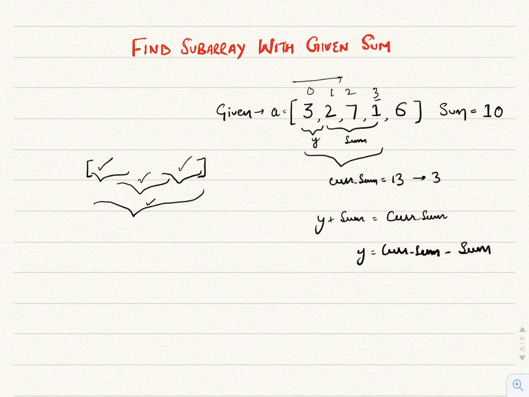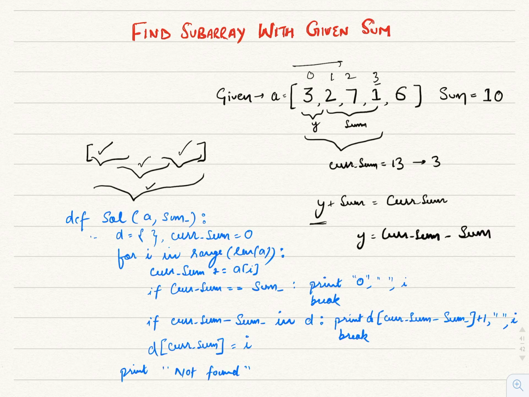Next, let's see how to achieve that in terms of code. So here's the code. I've initialized the dictionary and the current sum variable, and inside the for loop we are finding the current sum, which will hold the sum from the starting index of the array up to that index.